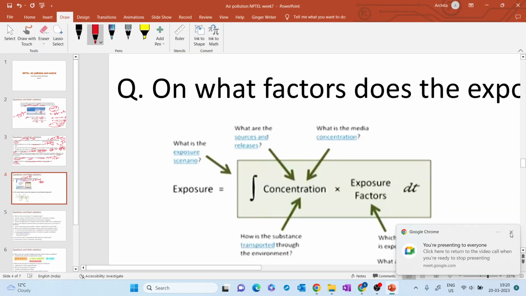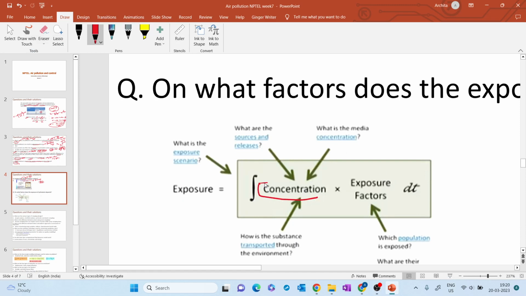So concentration will help us understand how much emission of a particular pollutant is happening in a particular region. Okay, for example, in a remote or rural location, the concentration of PM or nitrate or SO2 would be very less compared to an urban location, right? Similarly, exposure factor means how much population is affected, which sort of population is affected.